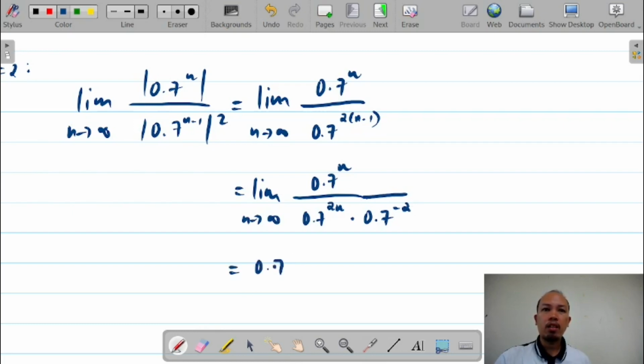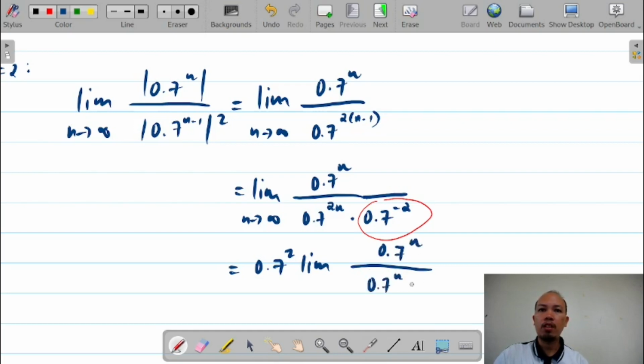So we can move this constant outside, and write this one as 0.7 to the n over 0.7 to the n times 0.7 to the n as n approaches positive infinity.